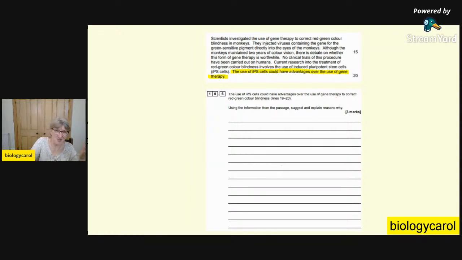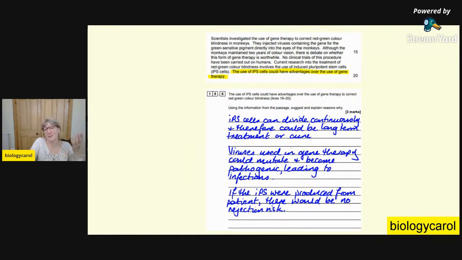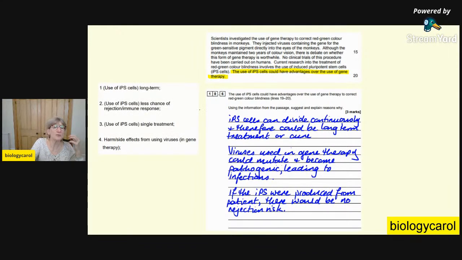Apart from the injection itself. Anyway, moving on. This is what I wrote. Felt like I'd got loads of lines, felt like I was able to write exactly what I wanted to.